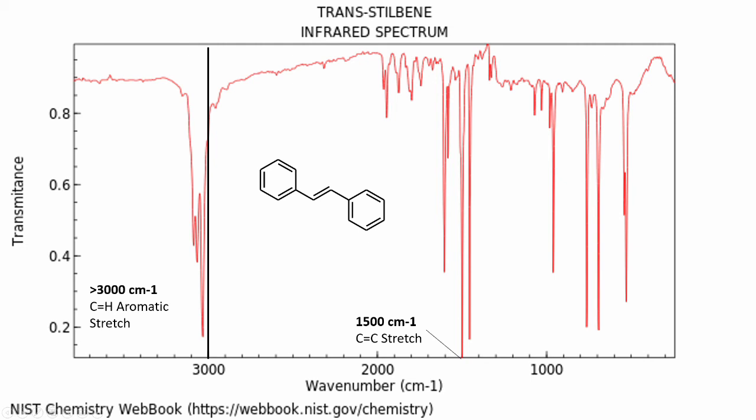Anything greater than 3000 is usually indicative of these aromatic carbon-hydrogen stretches, the hydrogens that come off here. We use this to get a good idea that we have an aromatic and we have the double-bonded carbons. That is really what this infrared spectrum tells us.